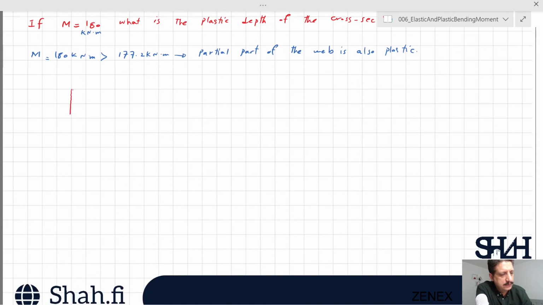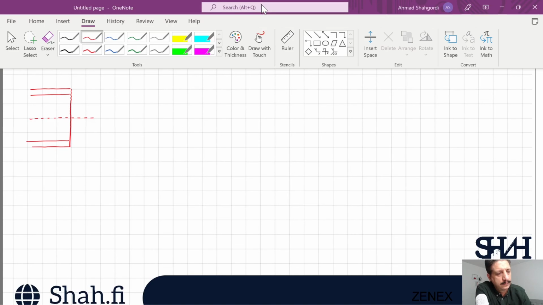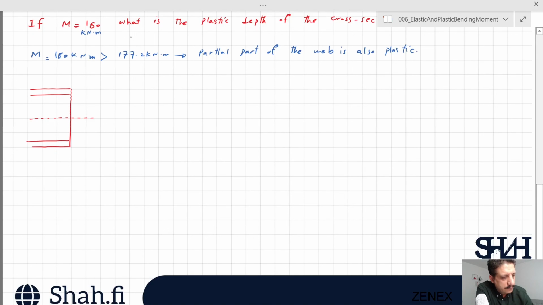Now we can sketch the entire system. So we know that some part of the web is also plastic, but we don't know what the depth is, and then it's elastic.